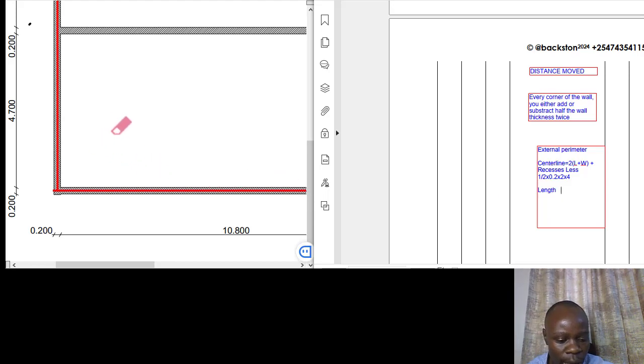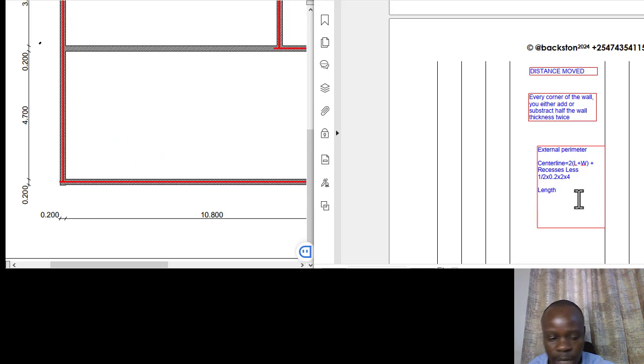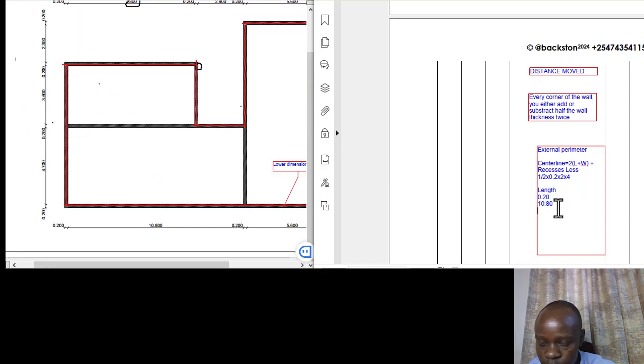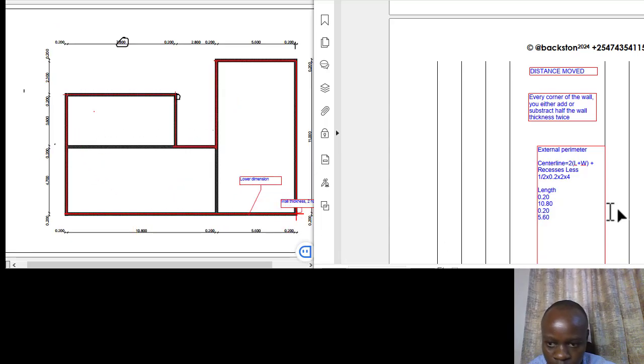So we talk about the length. Length will adopt 0.20. Okay, it's better we put this on here, 0.20, and then we add 10.80, and then we add 0.20, then we add 5.60, and then to the end is 0.20.